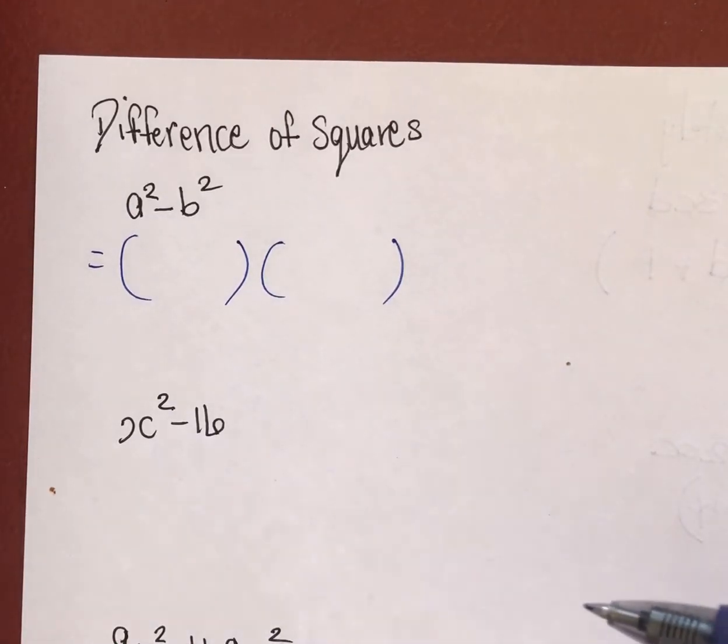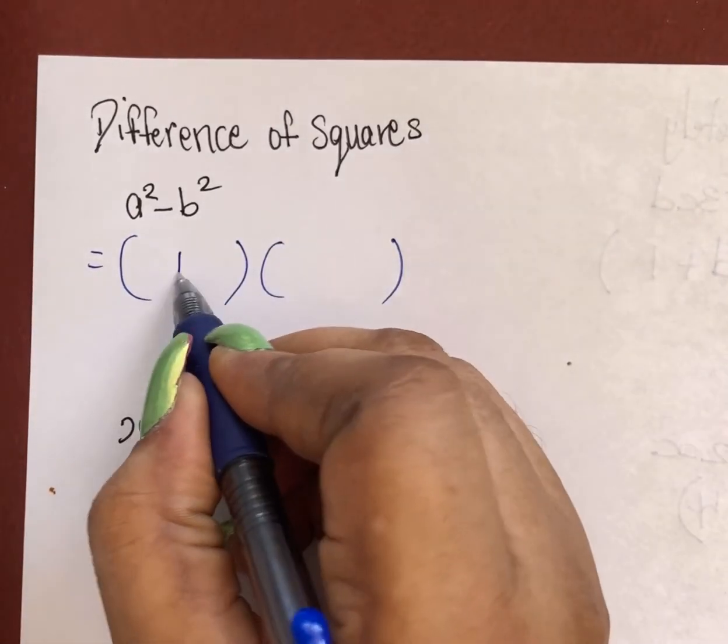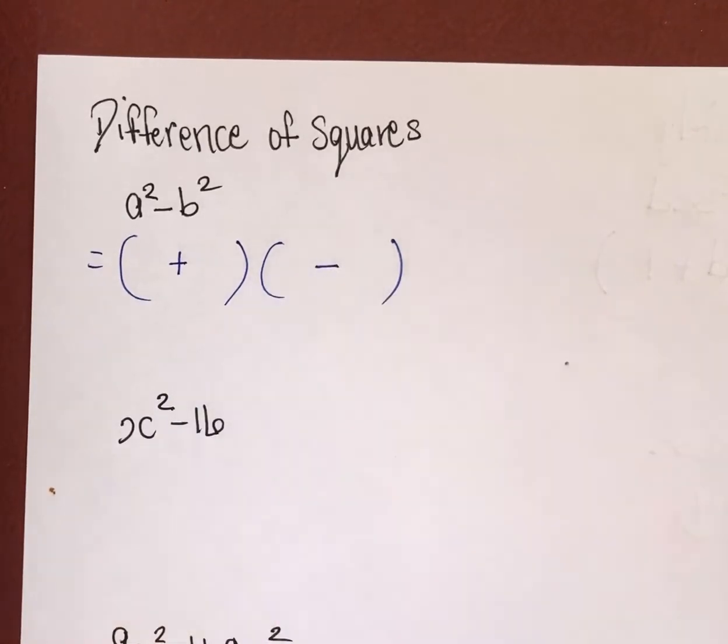One of the other things we do, in one of the parentheses we add, and in one we subtract. This is another rule that is always applicable when we want to express each term as a square of a monomial, then apply the rule.